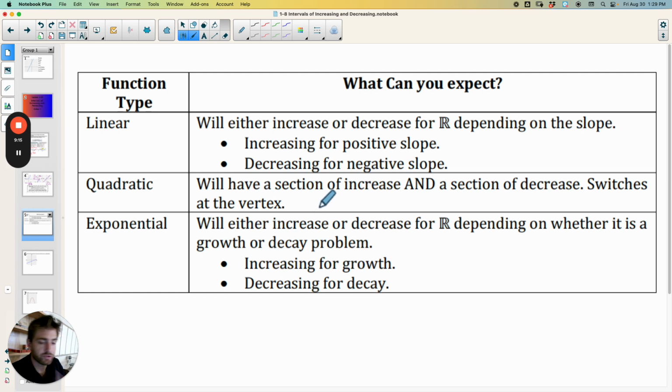It's always going to have a vertex, but the parabola is either going to be facing up like this, or facing down like this, and that's going to tell you whether it's increasing first or second, and it will always have a section that's increasing and decreasing. And then lastly, exponential will be increasing for growth and decreasing for decay. And it'll always be all real numbers for exponential. So it's either going to be always increasing or always decreasing.